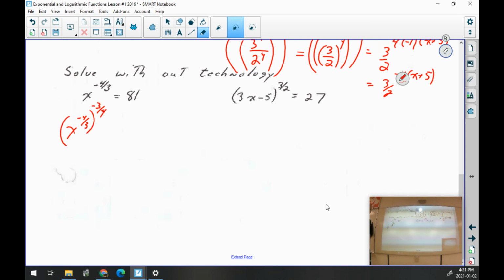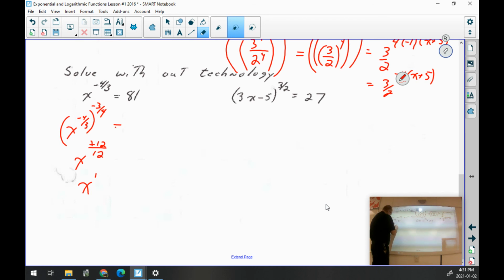So the reciprocal of negative 4/3 is negative 3/4. Why do I do that? When we multiply this out, negative 4 times negative 3 is, sorry, positive 12. 3 times 4 is 12. So what we end up with here is x to the 1. Hey, that's nice. Got rid of my exponent.